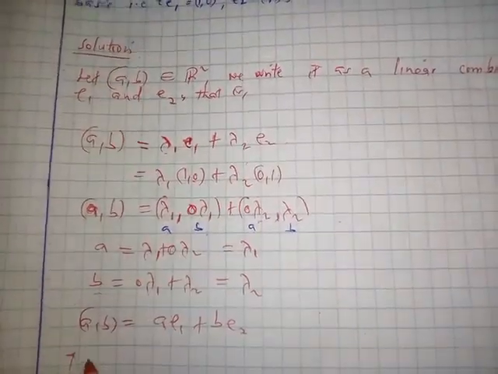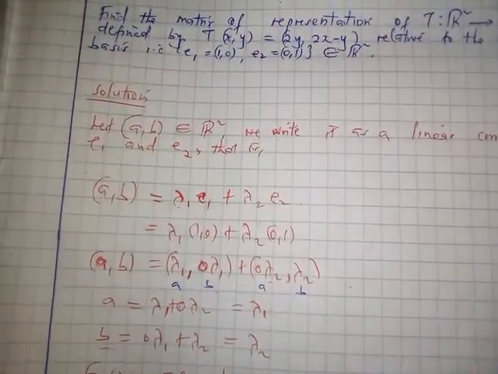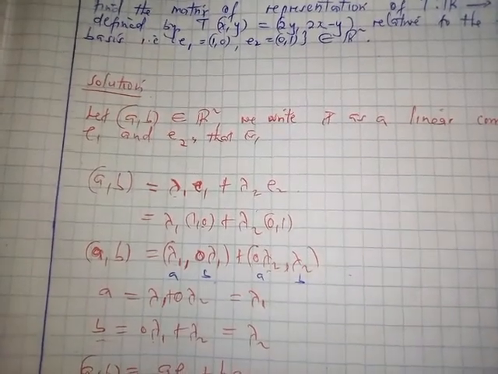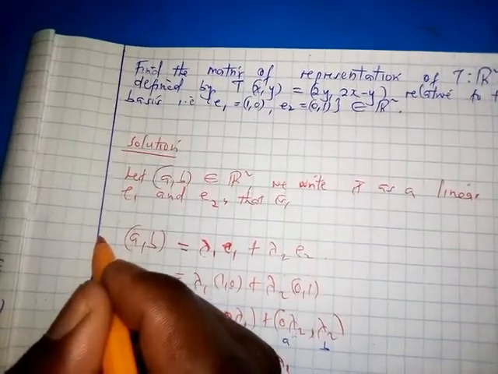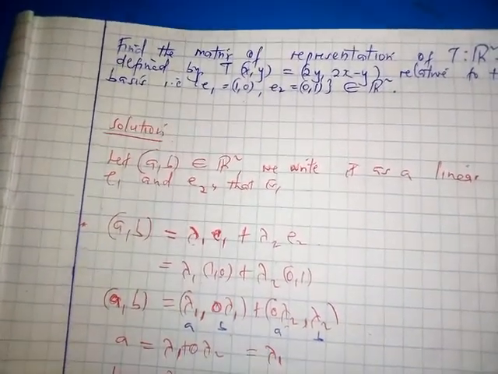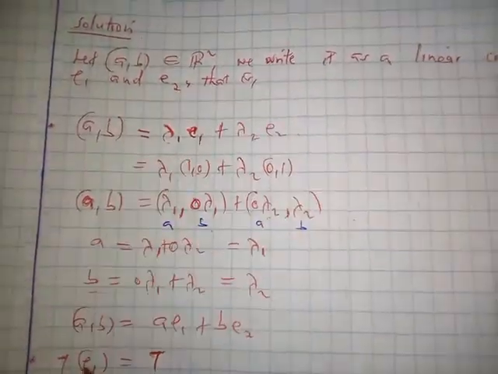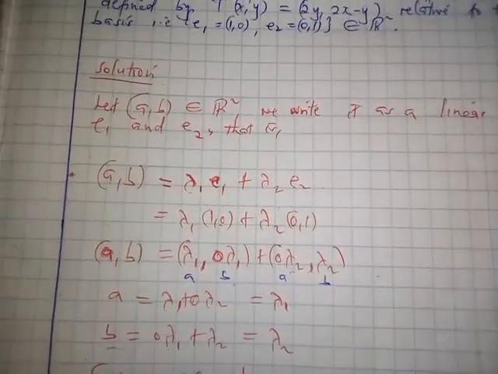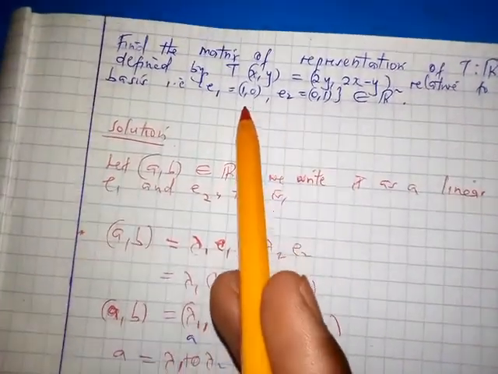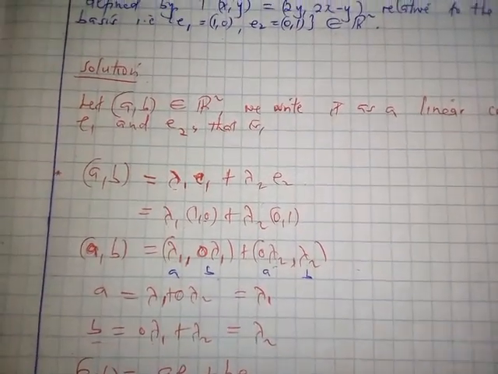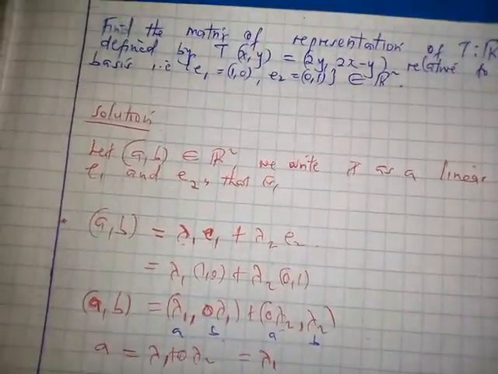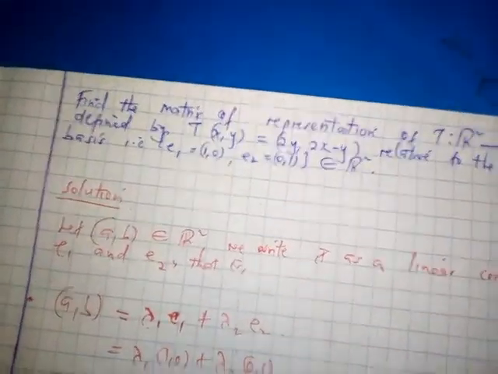So T(E1), this is the second step now, is equal to T of E1, which is (1, 0). So we substitute this in our equation.